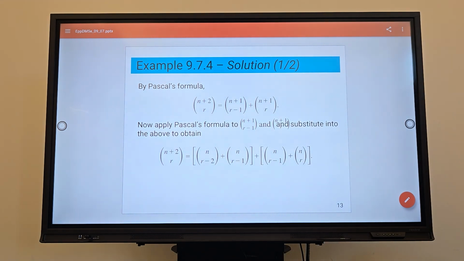By Pascal's formula, n plus 2 choose r is equal to n plus 1 choose r minus 1 plus n plus 1 choose r. Now apply Pascal's formula to n plus 1 choose r minus 1 and n plus 1 choose r and substitute into the above to obtain this.